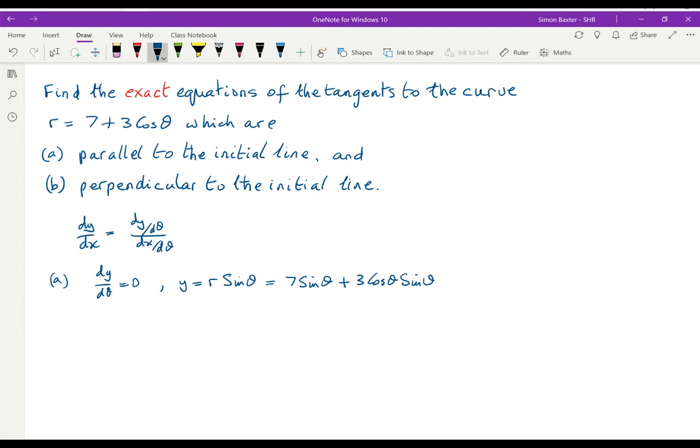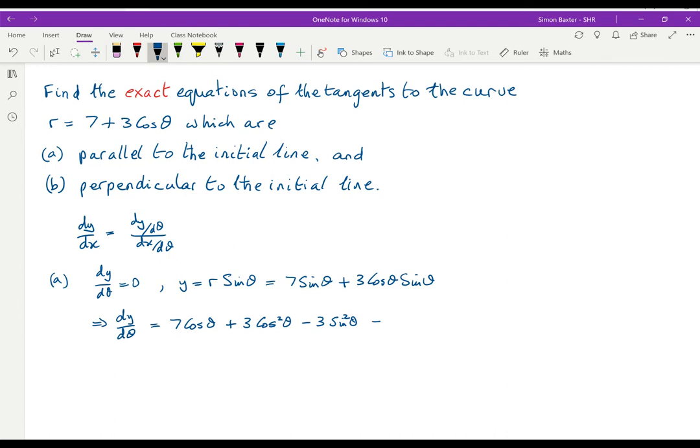We now want dy by d theta, and that is equal to 7 cos theta. Now we have a product. Differentiating the sine, we get cosine, so that's 3 cos times cos, 3 cos squared. Differentiating the cosine, we get minus 3 sine theta times sine theta.